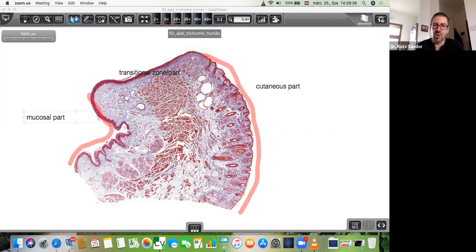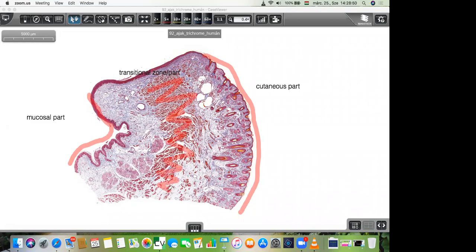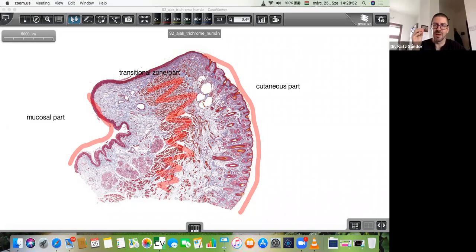And in the core, in this area, here we have the orbicularis oris muscle. You know, it's a mimetic muscle, and it's built up by striated muscle fibers. So that side is the cutaneous part having hair follicles.